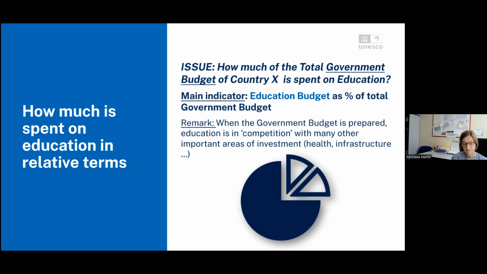And again, here we have a benchmark, which is again from the Education 2030 framework, which is that 15 to 20% of the total public budget should be allocated to education. So again, another quite interesting benchmark.